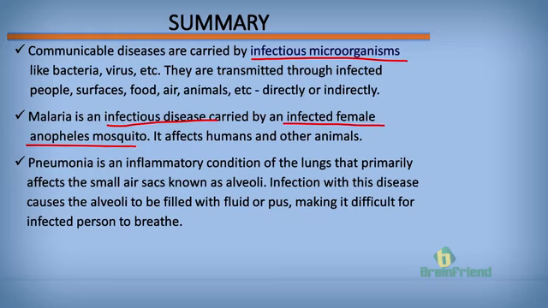It affects humans and other animals. Then we looked at pneumonia. We said that pneumonia is an inflammatory condition of the lungs that primarily affects the small air sacs known as alveoli. Infection with this disease causes the alveoli to be filled with fluid or pus, making it difficult for infected persons to breathe. So we'll quickly take some questions.